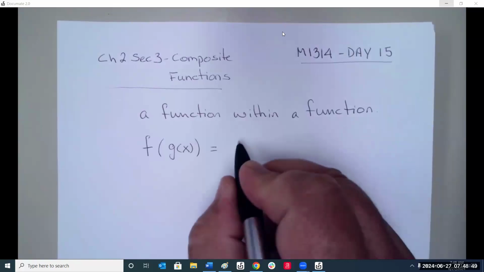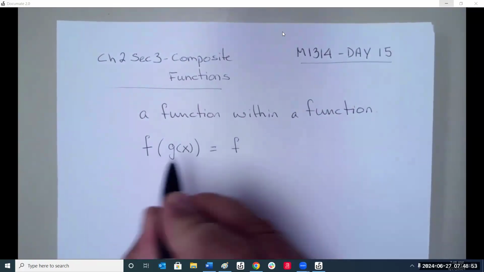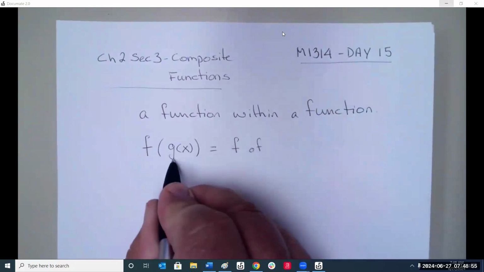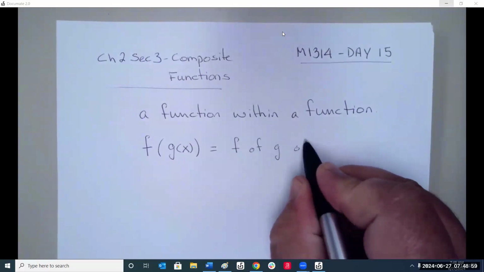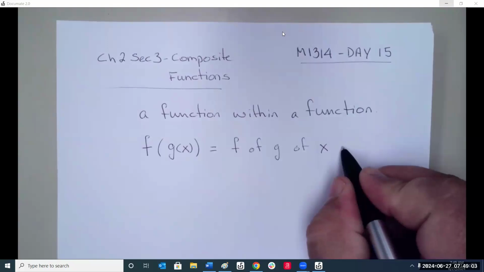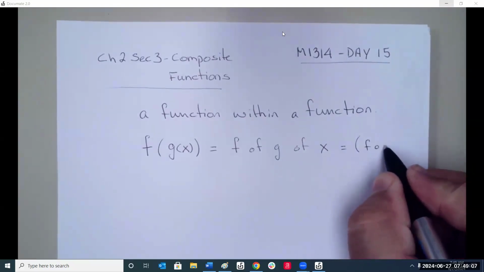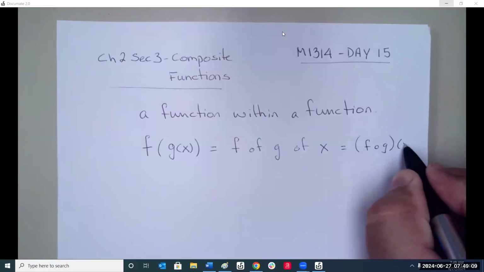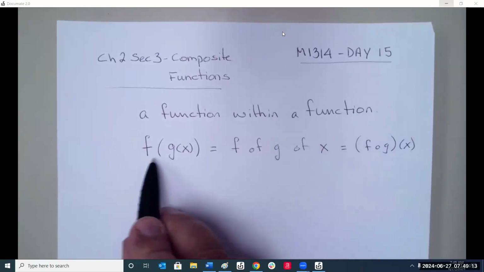The way we write that is, we'll read that as f of g, the function f of the function g of the variable x. And we call that the fog method. And this is how we write a function of a function.